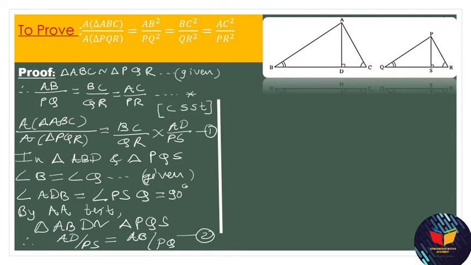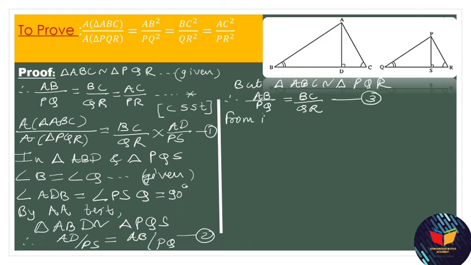Okay, so now equation 1 we got, now equation 2, when we chose two triangles, that is ABD and PQS. Now we are up to equation 2, but triangle ABC is similar to triangle PQR. Okay, therefore from this we can write AB upon PQ is equal to BC upon QR, and it is our equation number 3.